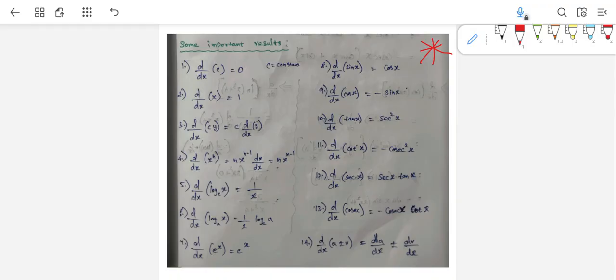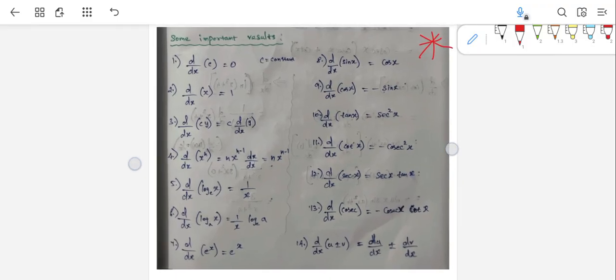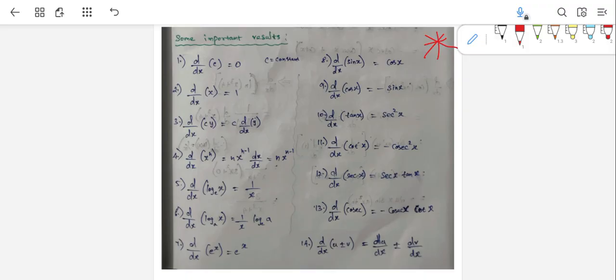Now we have seen, generally, that we can differentiate y with respect to x. So what is y? I have said y is a function of x. But it can't always be 3x square plus 4x, right? It can be anything. Function of x means not only that, guys. It can be y is equal to log x, y is equal to cos x.